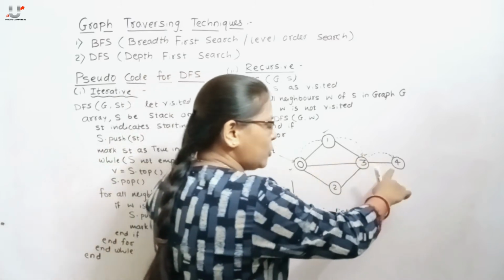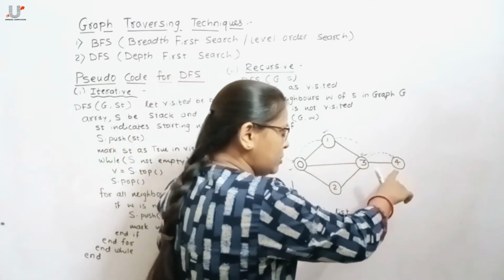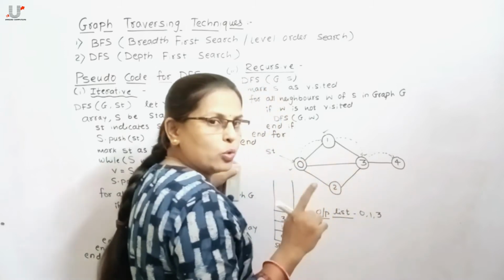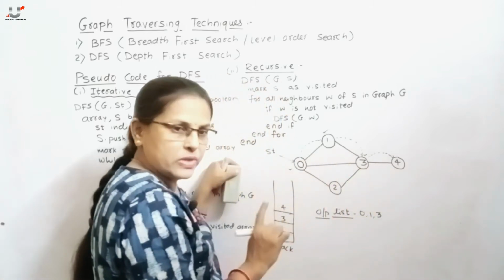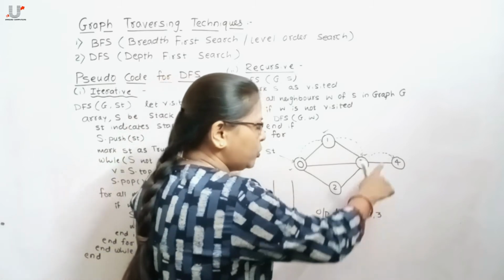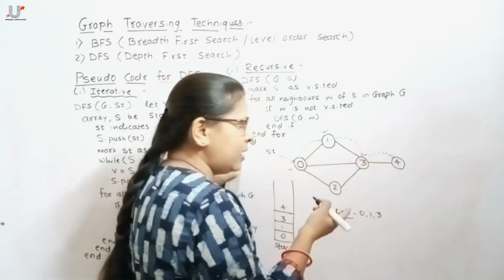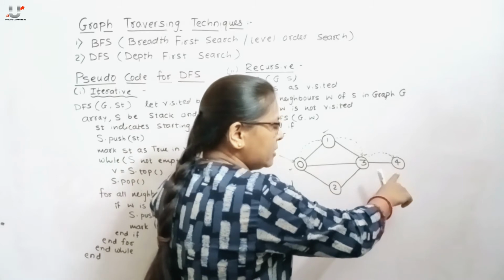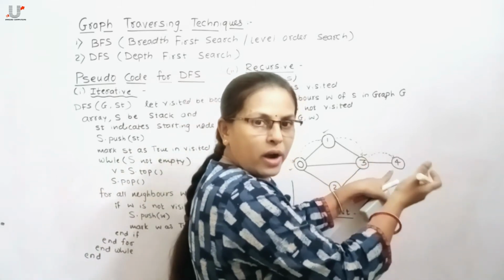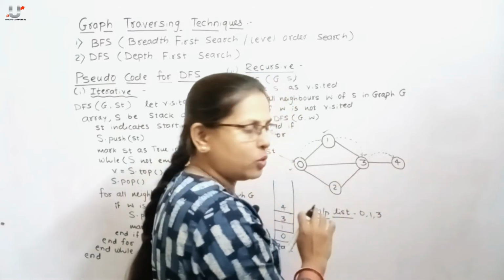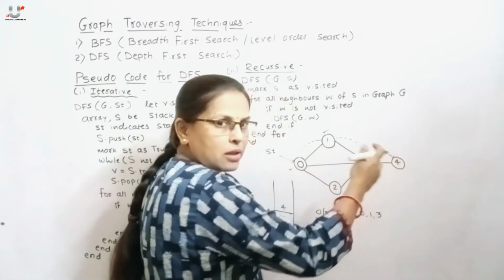Now try to explore this 4. That means you have to add the adjacent nodes of this 4. As 3 has already been marked as visited and is present in the output list, don't add it again. And as we reach a dead end, that means no unvisited adjacent node is present for this 4.